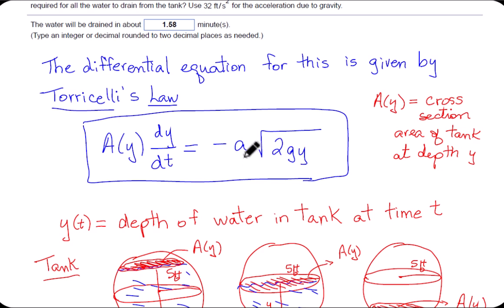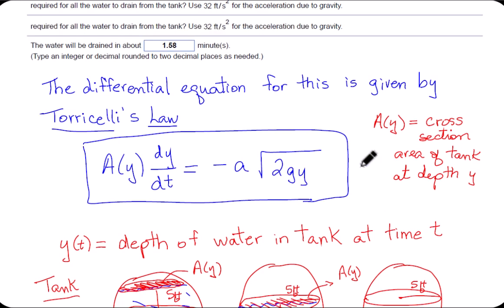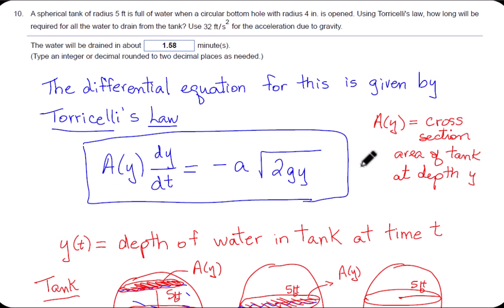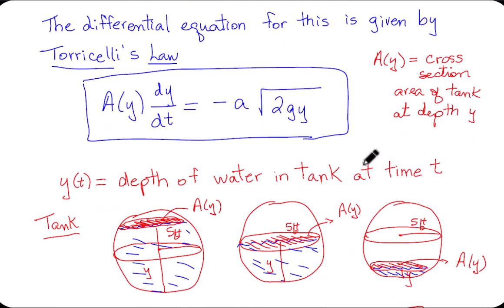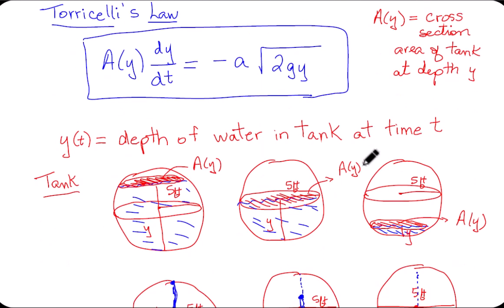A is the diameter or the radius of the hole in the bottom of our tank. G is the gravitational constant that they gave us. Looking at the picture here, here's my circular tank. Here's the depth y.